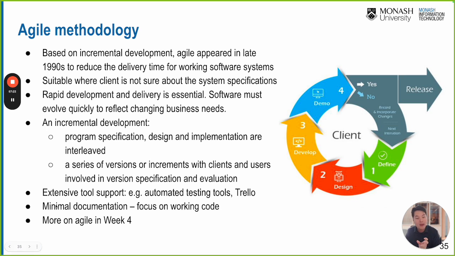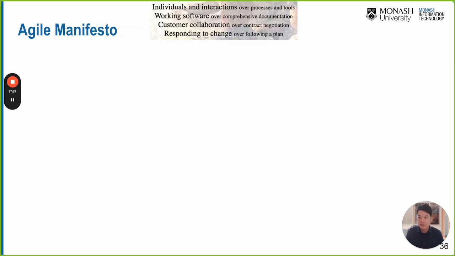They really want to focus on working code, working products, rather than documentation. And to use the agile methodology, people often use Trello as a tool to facilitate the agile process as well. Yeah, we will talk about agile next week as well.